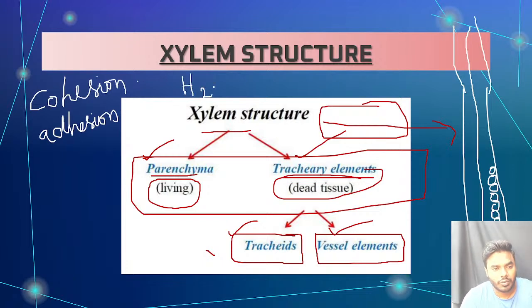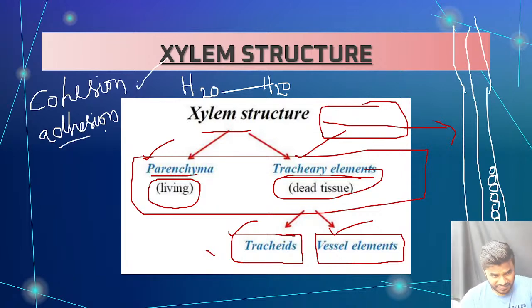This is one water molecule, this is another. What is the linkage, friends? OH. Like this, one water molecule associates with another. We call it cohesion. The next one, adhesion: all the water molecules are attached to the wall of the xylem.